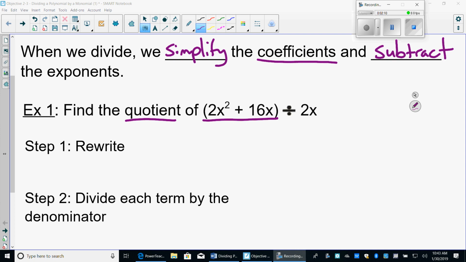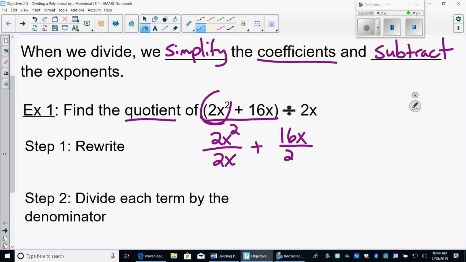What we're going to do is take each piece, each term, and make a little fraction. Okay, so 2x squared is being divided by 2x. What else is being divided by 2x? The 16x is being divided by 2x. Do you understand that? You're going to take each piece and divide it by 2x. Okay, that's step 1.